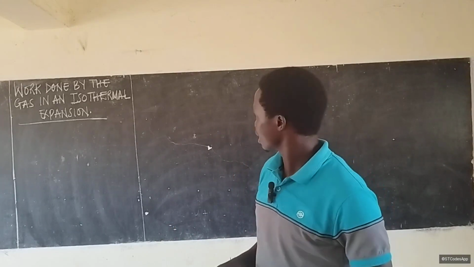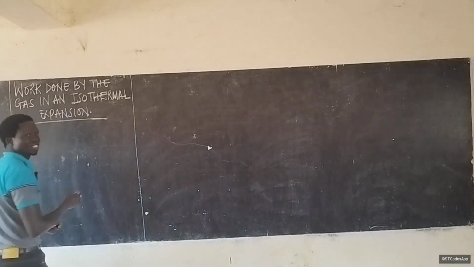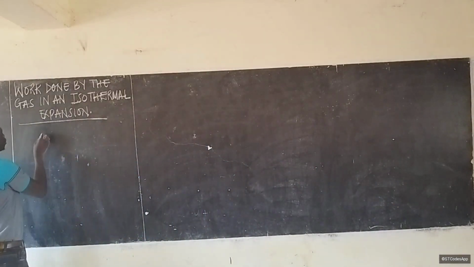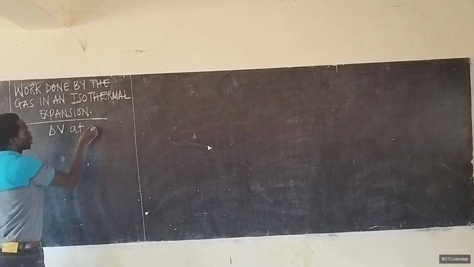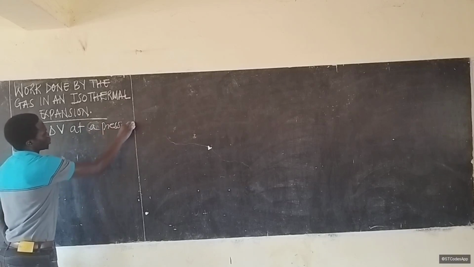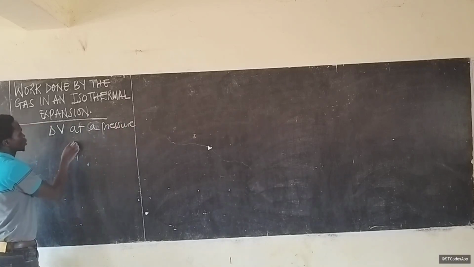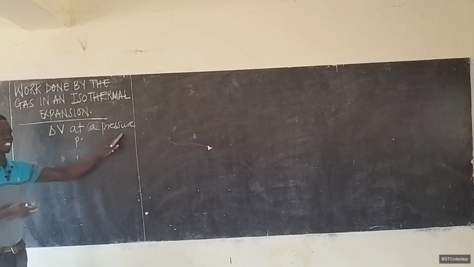So if that is the case, let's assume that the gas expands by a small amount, change in V, that is a change in volume, at a pressure P. Suppose the gas expands by a small amount, change in V, at a constant what?